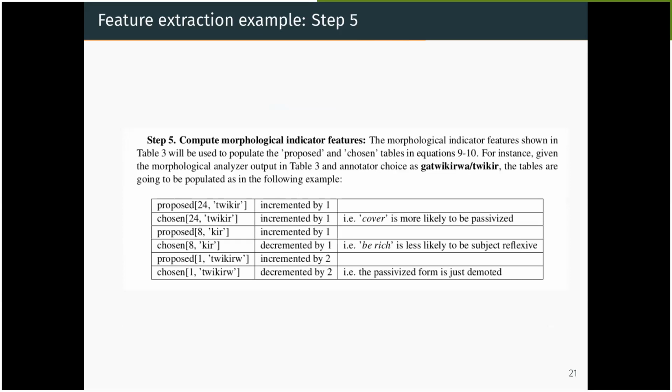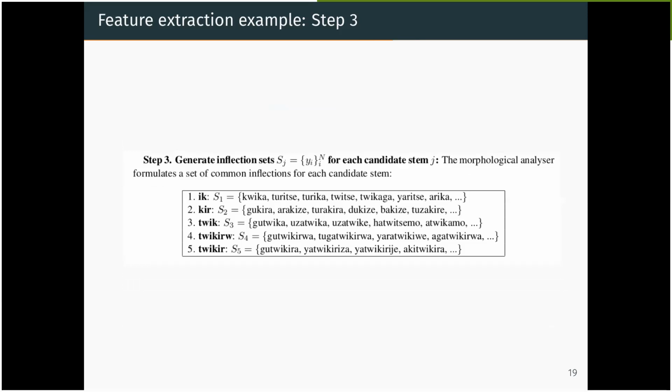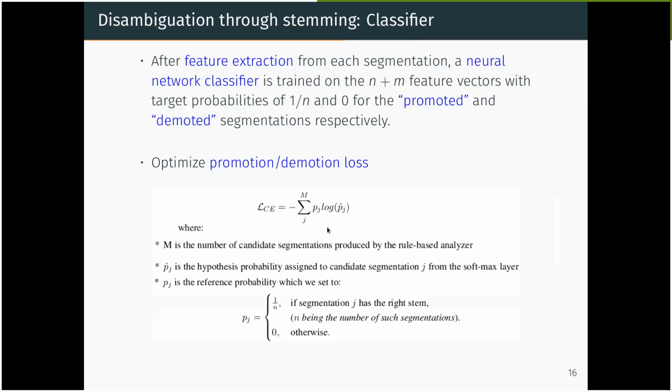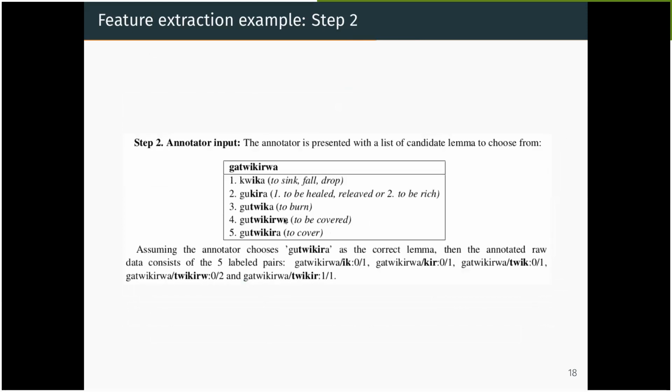There are those that are called similarity features. So let's say you have this word that is given to annotators: gatwikiru. It can have multiple meanings. The lemma can be quicker, to sink or follow drop.